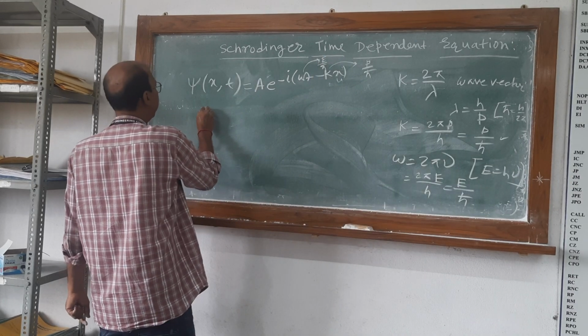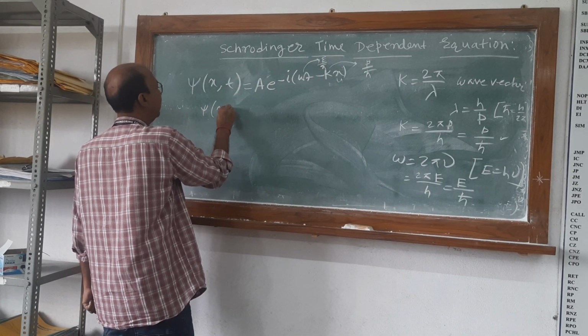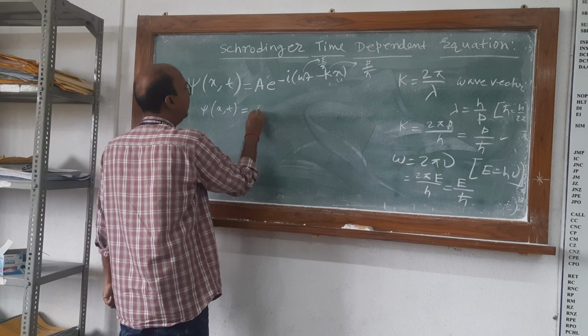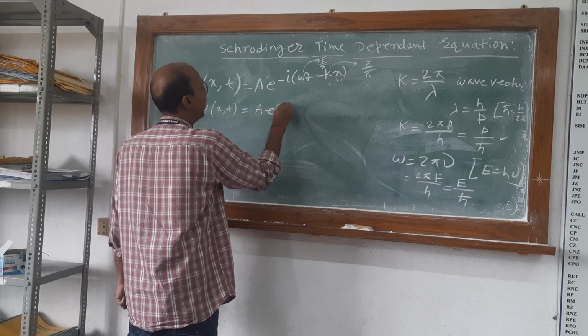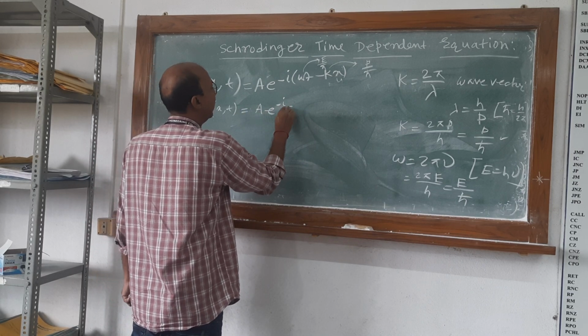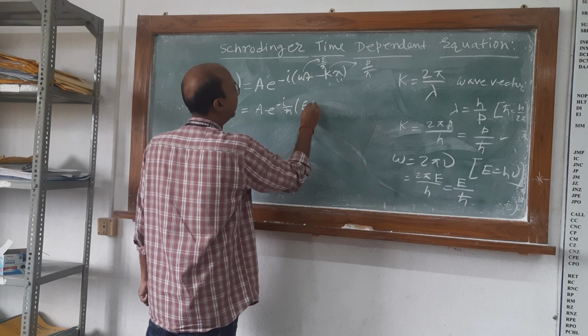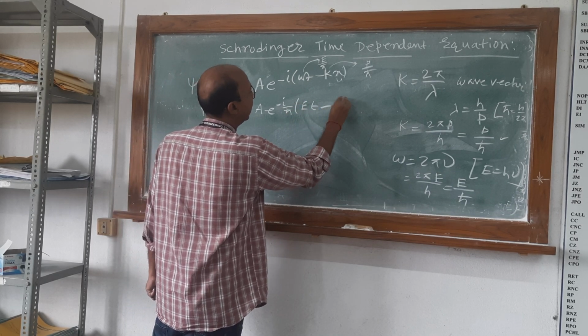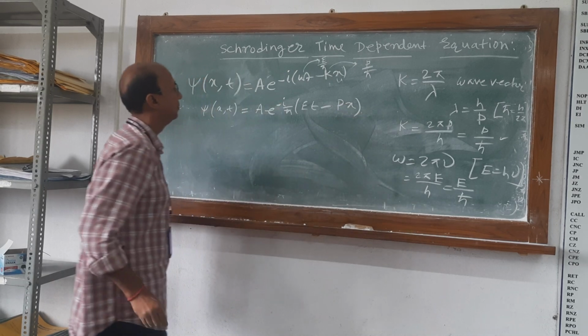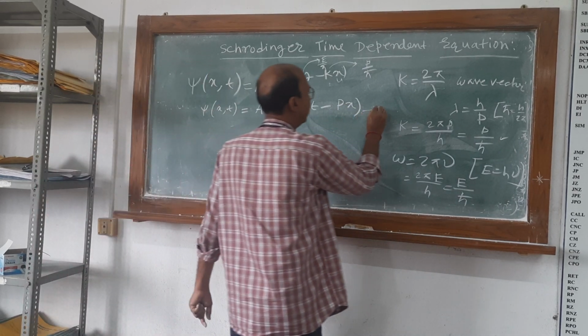So this equation becomes psi(x, t) equal to a e to the power minus i by h bar (Et minus px). This is equation number 1.